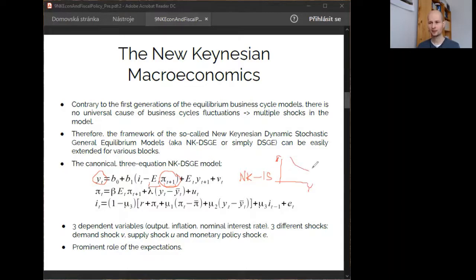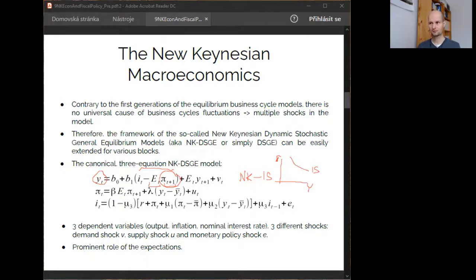Let's mark this as IS. The real interest rate is here the difference between the interest rate and expected inflation. And besides that, the current output is also driven by the expected output in the future. So again, expectations are here.